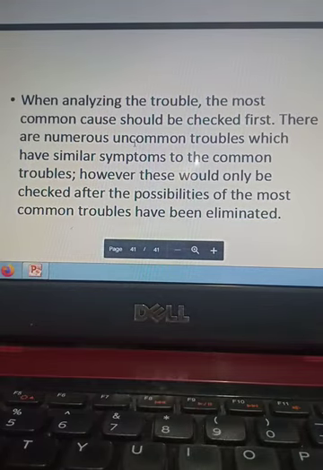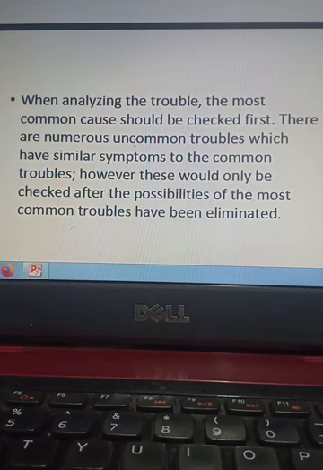Okay? So, when analyzing the trouble, the most common cause should be checked first. There are numerous uncommon troubles which have symptoms similar to the common troubles. However, these would only be checked after the possibility of the most common troubles has been eliminated.